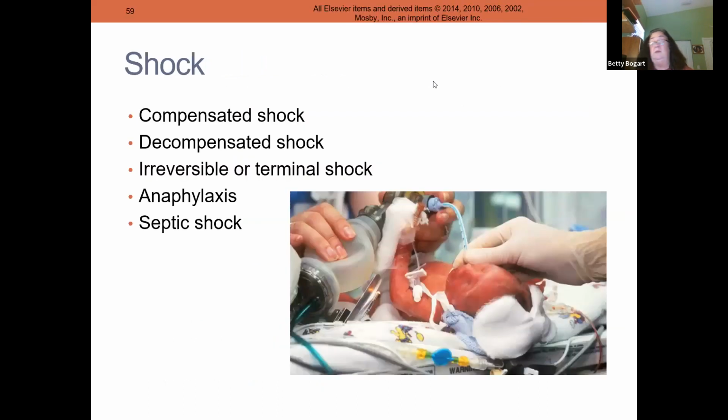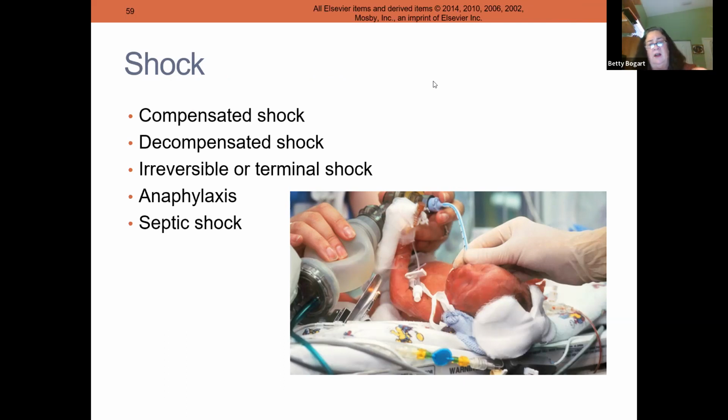Shock. Shock with children, shock with adults, there's no difference. I think in children, your biggest cause of shock is infection, septic shock. They get an infection, we don't see the tiny little symptoms, and they can go into shock. What do you see with shock? Well, blood pressure falls, so low blood pressure.